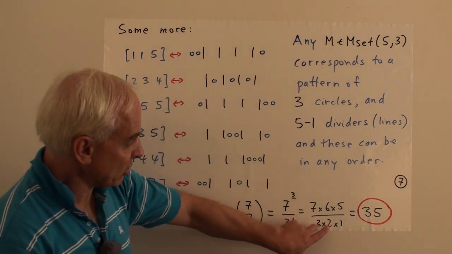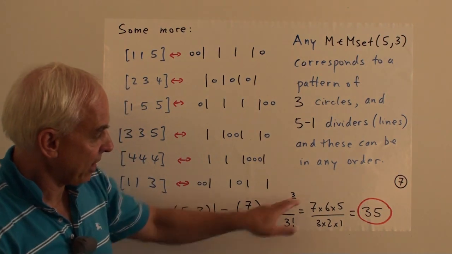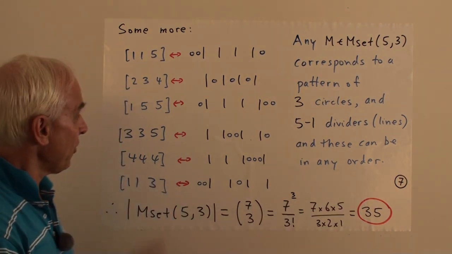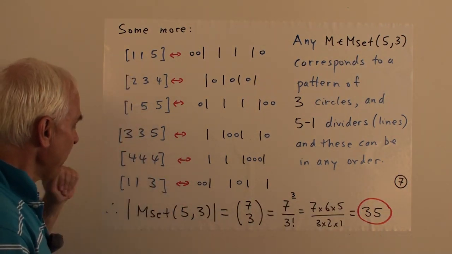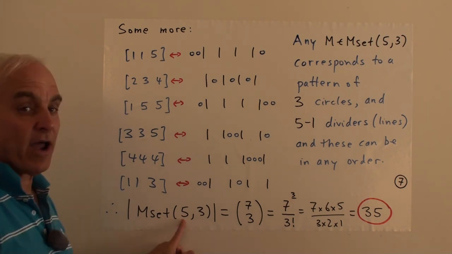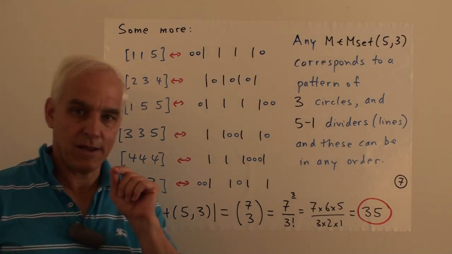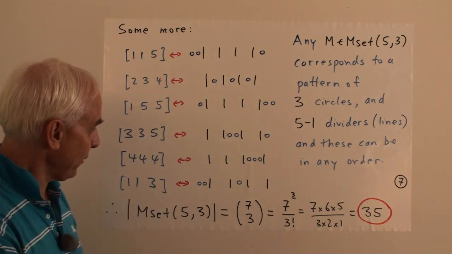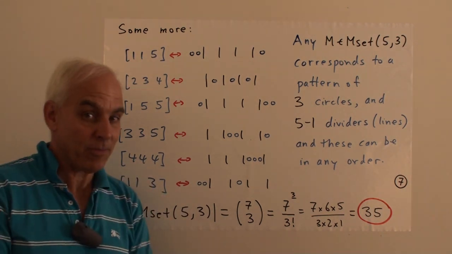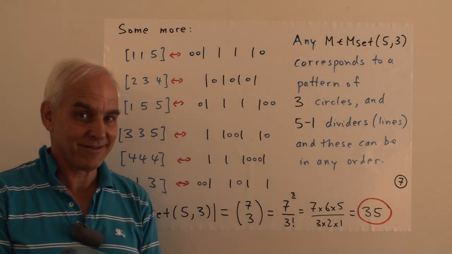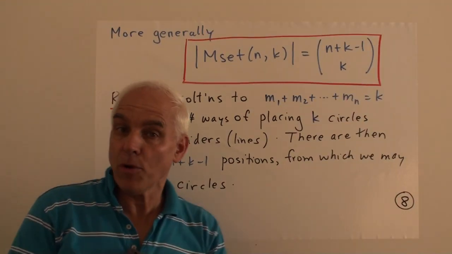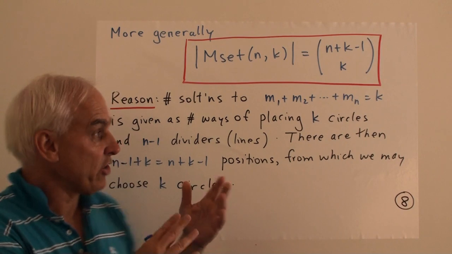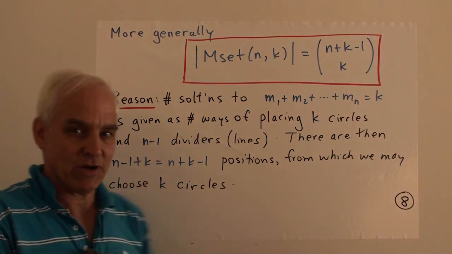Then a bit of cancellation, the 3 times 2 and the 6 cancel, and we just get 35. So there are, in fact, 35 multisets from 5 with exactly 3 elements. And if you're not sure, you could write them all down and count them and make sure that that actually is the case. Okay, so if we absorb this specific argument, the general case is really not too much different.